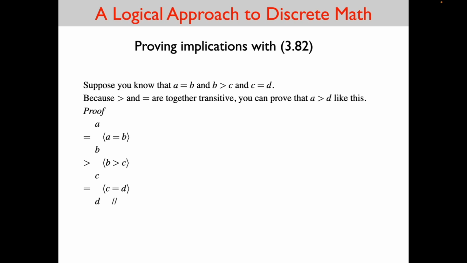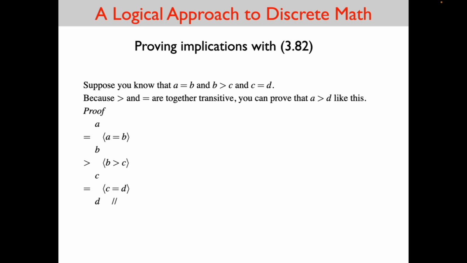Now what have we shown here? We have shown that because A equals B and B is greater than C, therefore A is greater than C, and then because A is greater than C and C equals D, A has to be greater than D. So you see, we could extend this proof with several more numbers, provided that each time in the string of comparisons, the operation is greater than.